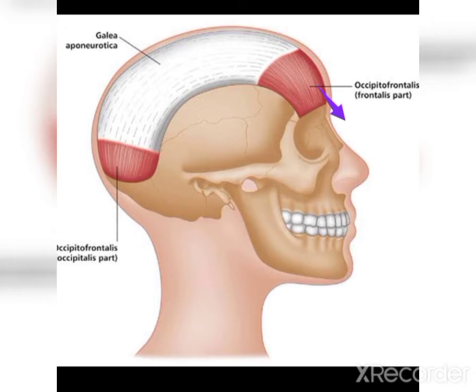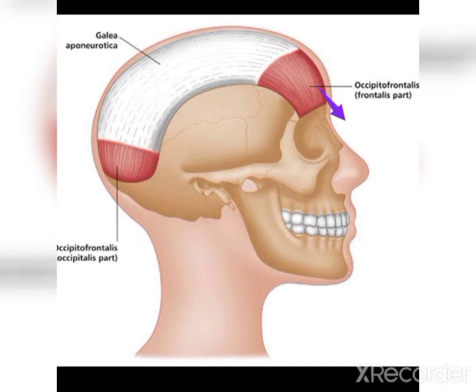It receives the insertion of the occipitalis posteriorly and is attached to the occipital protuberance and to the highest nuchal lines in between the occipital bellies.